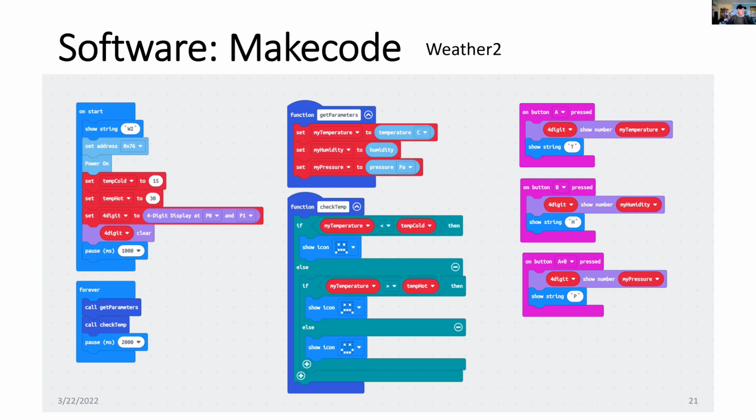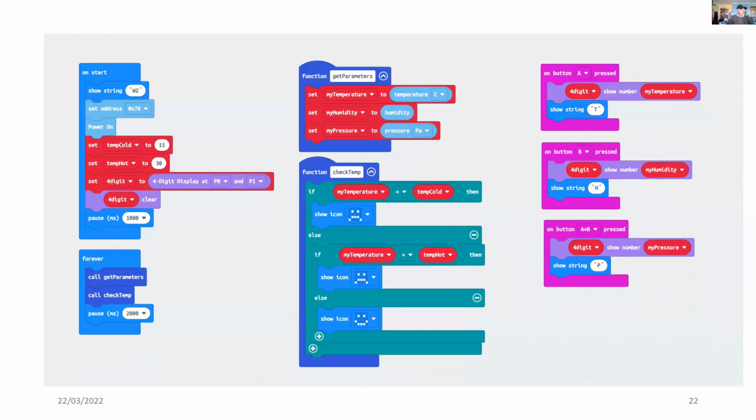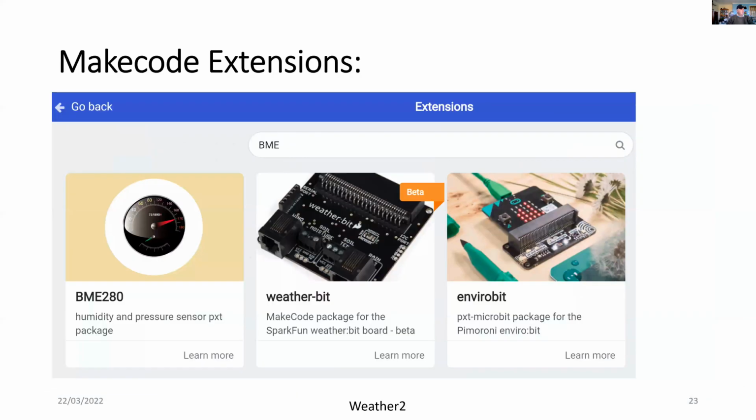And the 2 functions, the get parameters function gets the temperature, humidity, and pressure. And in checking the temperature, we find out whether it's inside or outside the comfort level. So the comfort level will start at a maximum cold of 15 degrees and a minimum hot of 30 degrees Celsius. Okay, let's have a look at the program in detail.